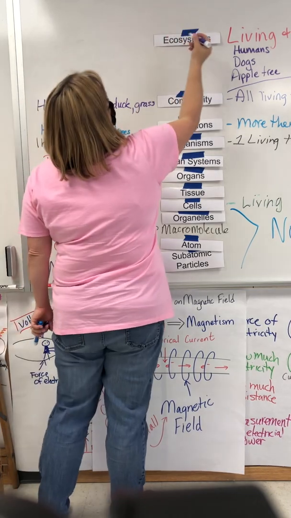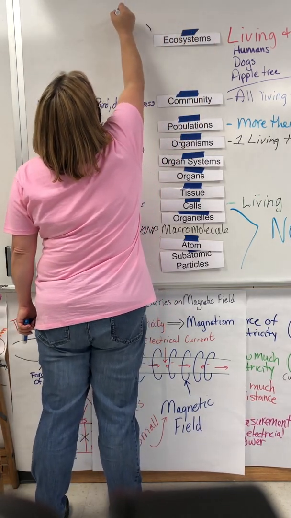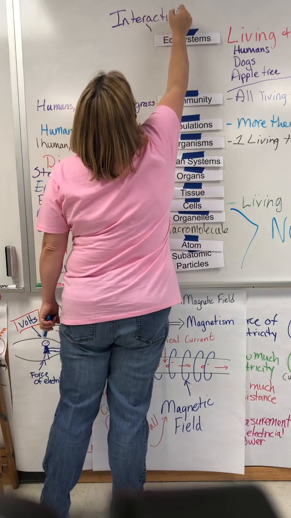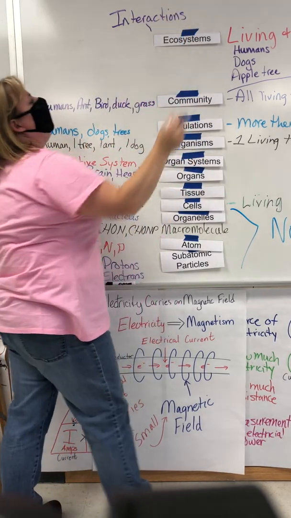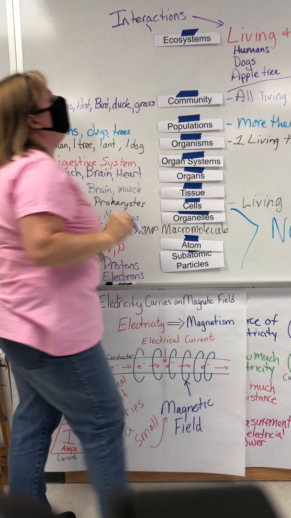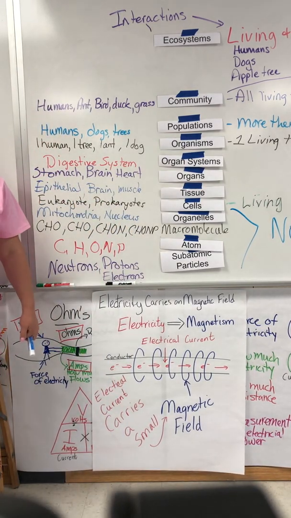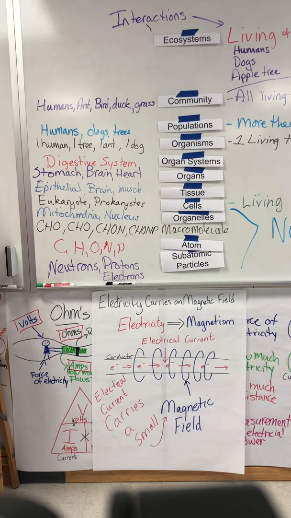And when you think of ecosystems, I really want you to think of interactions between living and non-living things. So in the Tri-Cities, we have an ecosystem here. The interaction with living things can respond, and non-living doesn't.